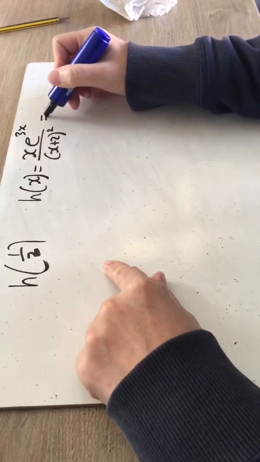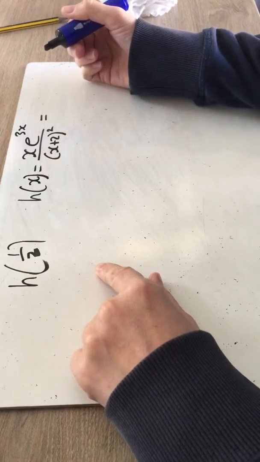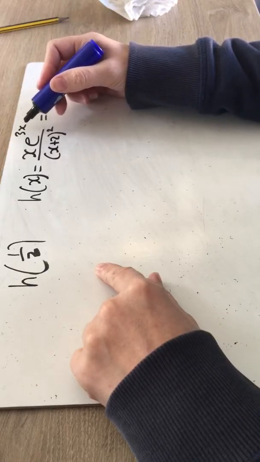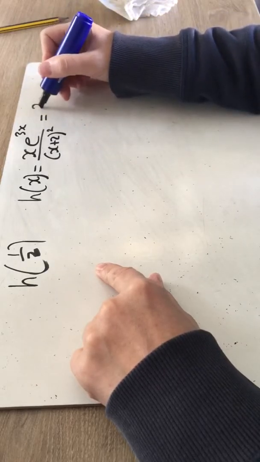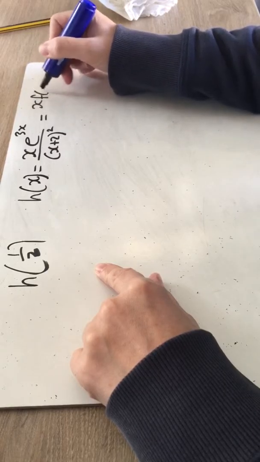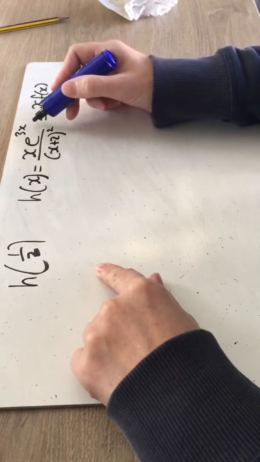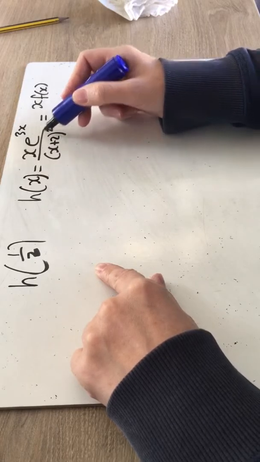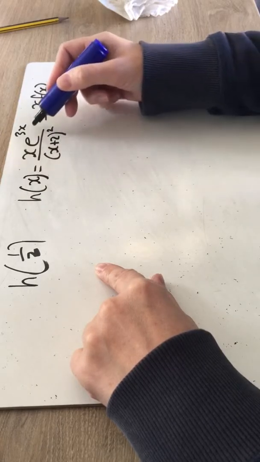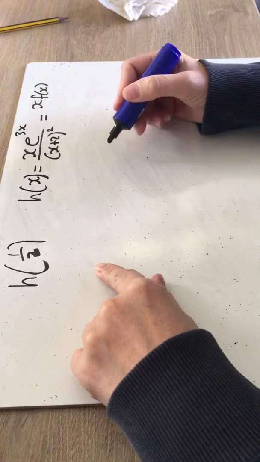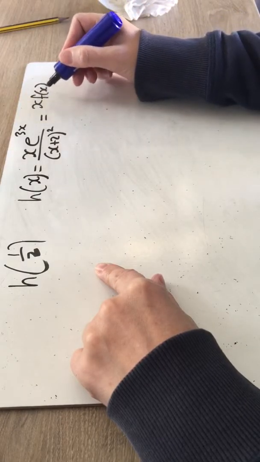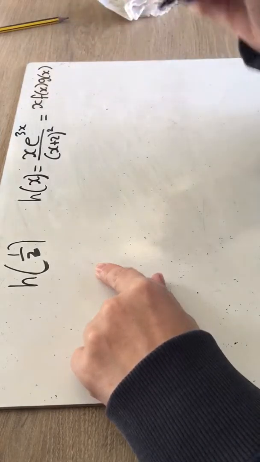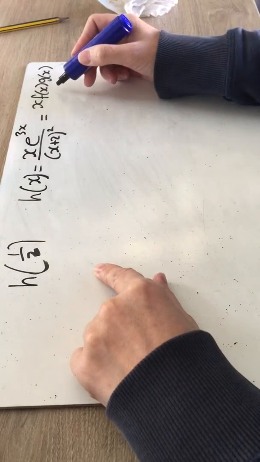Now what we need to realise is it's obviously connected to part A. E to the 3x, we've got an expansion for e to the 3x, and that's really your f of x. Now this is the same as 1 over x plus 2 all squared, or this is the same as times x plus 2 to the minus 2. So it's actually x times f of x times g of x. And that's what h of x is made up of.